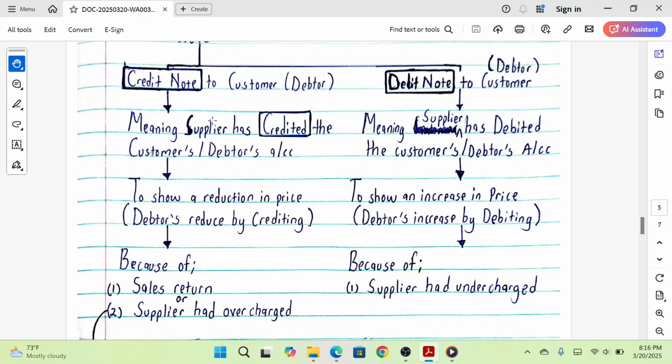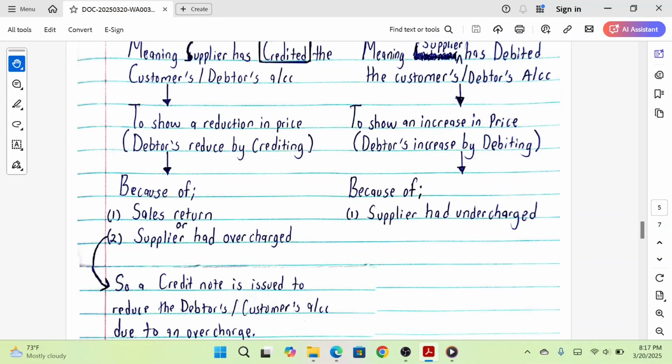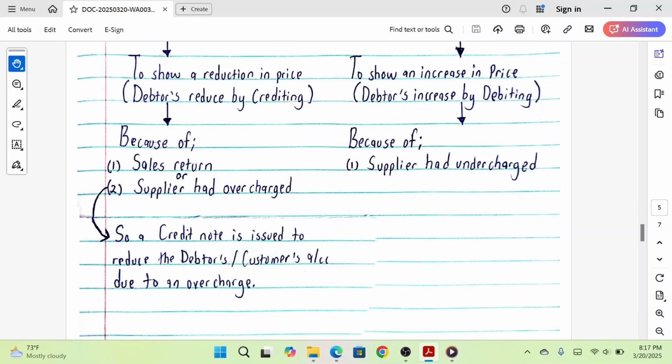So it is the supplier or the creditor that will issue a credit note to a customer because of sales returns to show that reduction in price, or when the supplier had overcharged the customer. So ideally, a credit note is issued to reduce the debtor's or the customer's account due to an overcharge. That is for this reason.